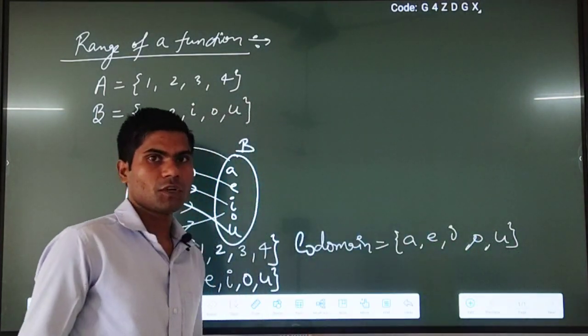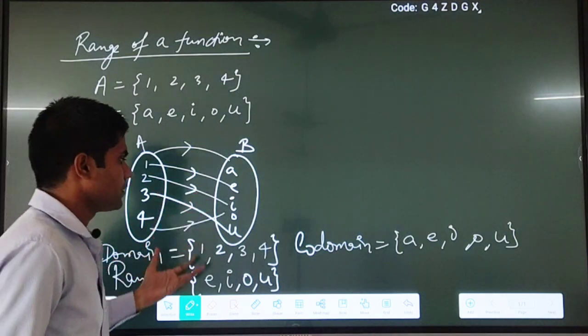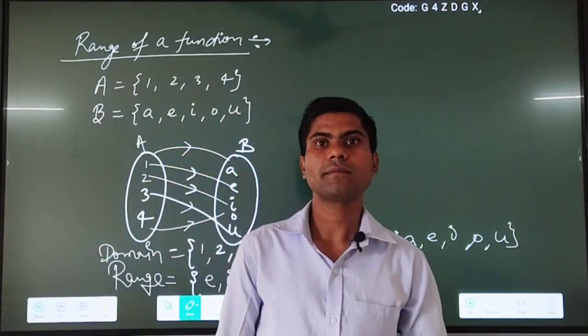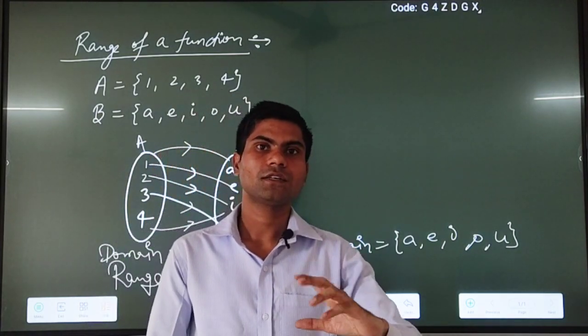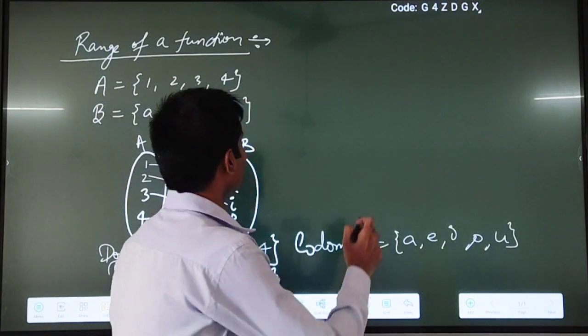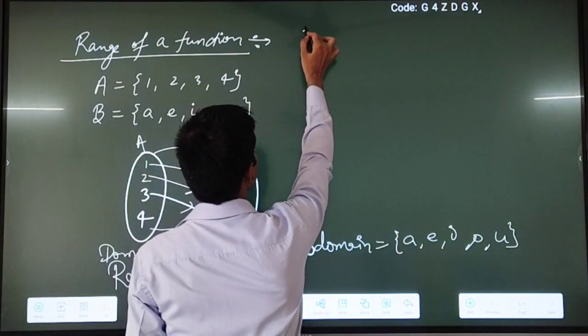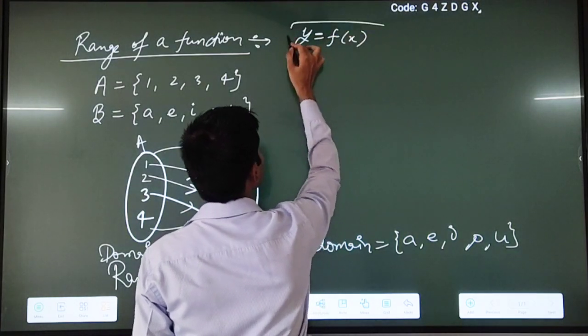But there are two types of questions. The first type is where the roster form is directly given and we can easily find the range. The second type is where the roster form is not given; we are given an x-type form, something like f(x). Suppose we are given y equal to f(x).